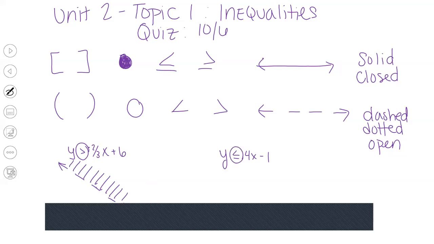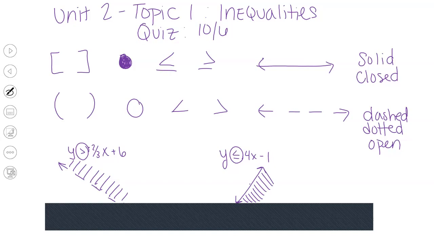I know that it's a positive slope, so it's going to point up to the right. Now it says y is less than. So if I put my pencil on there and I want to move in the y direction, if I move less than that line, am I going above it or below it? I'm going to go below. Okay? Questions so far?